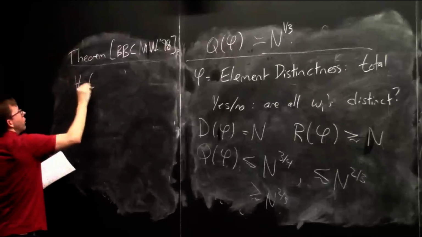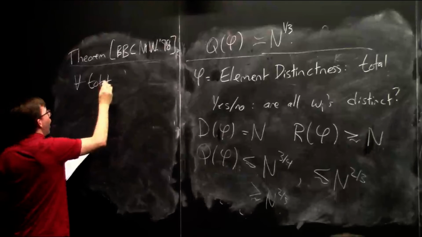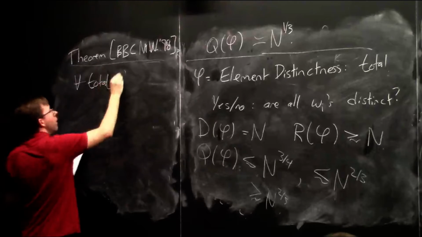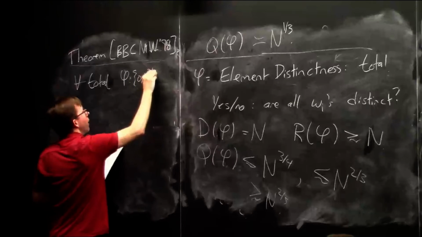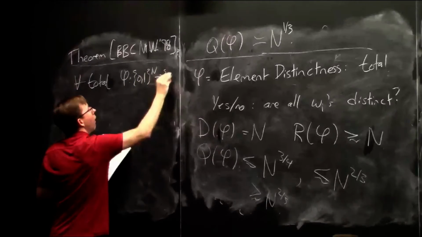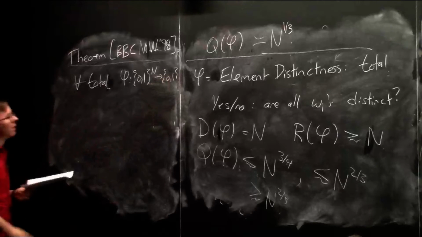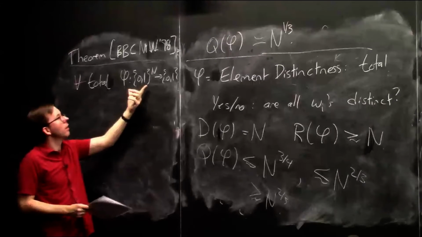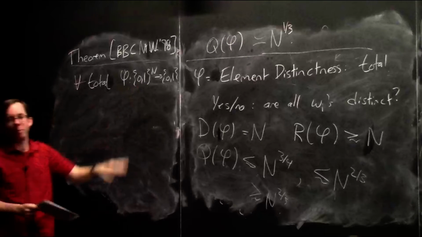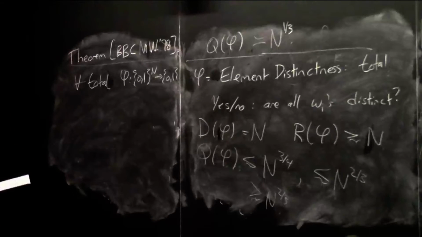It says for all total problems, and let's say where the inputs are binary, although generally that's not a big deal because you can think of the colors as being written down by bits, and it's not really going to change the conclusion much.